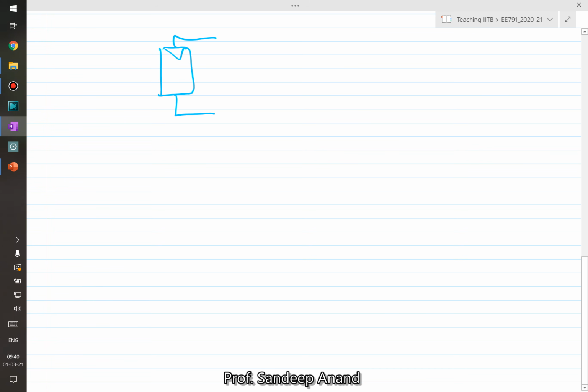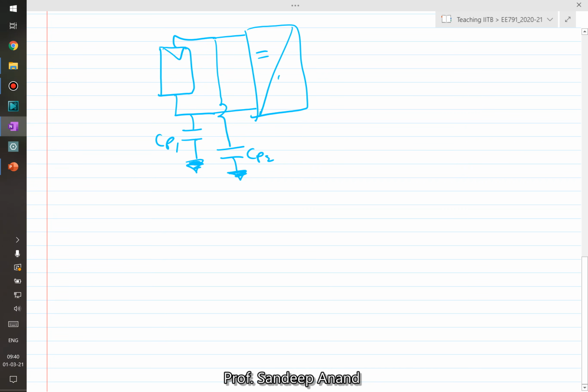So these were multiple panels connected in series and parallel, and we saw that the net capacitance can be represented as one connected to the ground, called CP1 and CP2. These are the lumped parasitic capacitances, and then you have the inverter here, followed by some kind of filters, and then the grid.